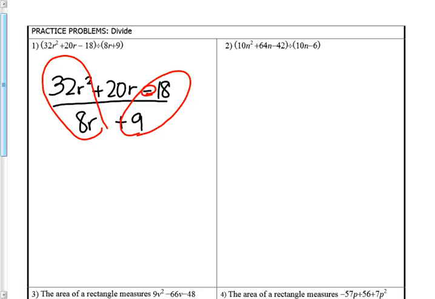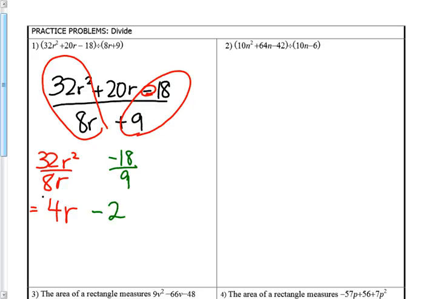All right, so 32r squared divided by 8r. That's going to give me 4r. And then we have negative 18 divided by a positive 9, going to give me a negative 2.